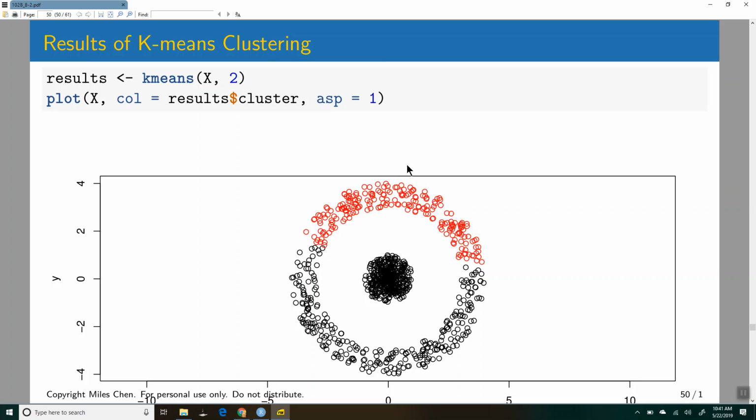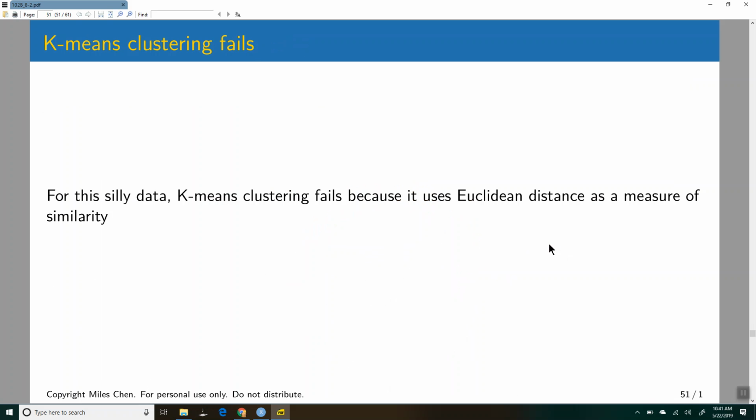So the Euclidean distance says this value down here and this value up here are very dissimilar, okay? So that's what ends up happening, okay? All right, so K-means clustering is not ideal for something like this, okay?